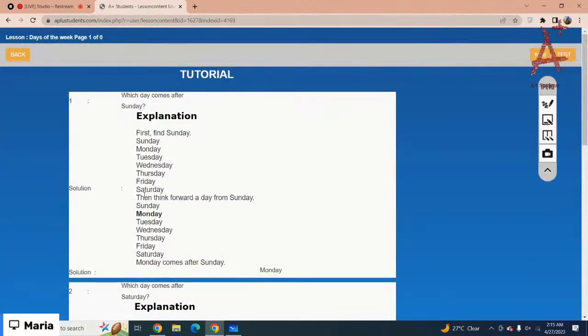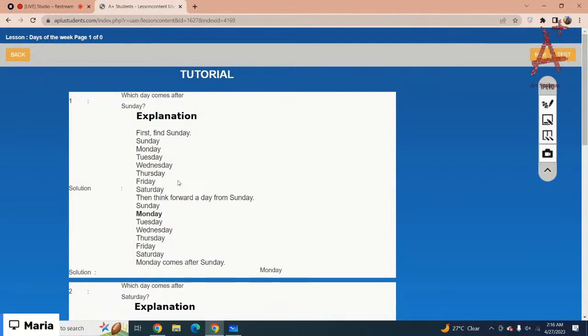What day comes after Sunday? Here you have the list of the days: Sunday, Monday, Tuesday, Wednesday, Thursday, Friday, Saturday. Think forward a day from Sunday. Here is Sunday, and the next day after Sunday is Monday. That means Monday comes after Sunday.